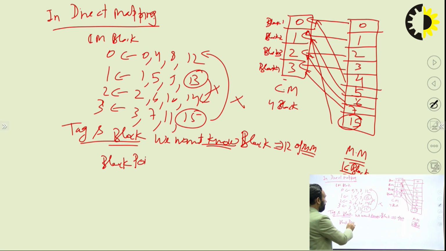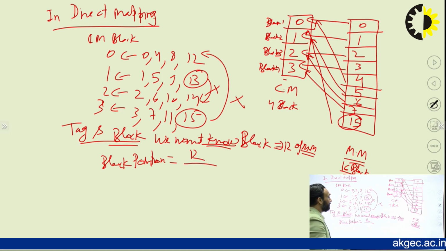To find out the block position we use a simple mathematical concept. We want to find out the 12th block position in a cache memory. So 12 will be divided by the number of blocks in a cache memory. How many blocks do we have? We have 4.